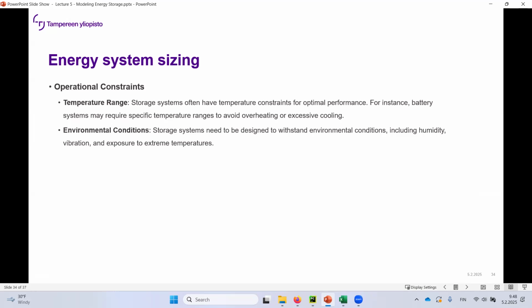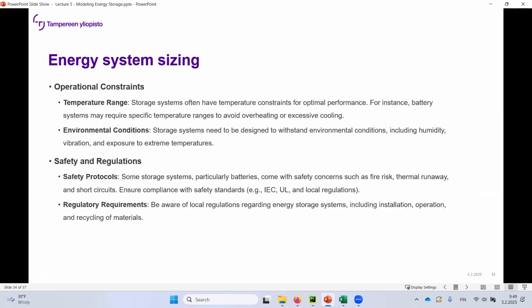Actually, there was a master's thesis done related to these battery cooling systems by optimizing the water flow in a certain cooling duct with computational fluid dynamics. So that's something that was done for our department. Safety regulations. So, for example, can you place the battery inside your apartment building, or do you have to place it outside for fire safety?